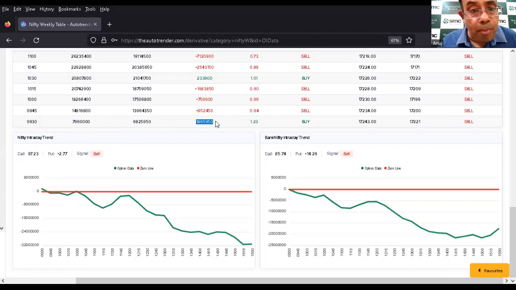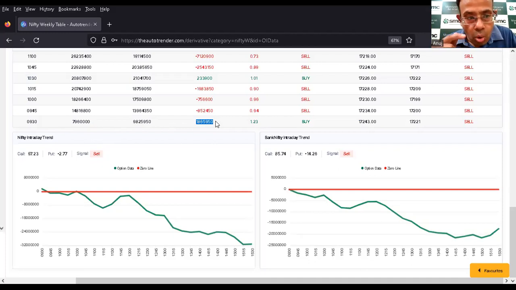So it gives me a positive difference of 18 lakh 65,950. As we have already discussed what your difference data and your PCR data are, I'll quickly move on.